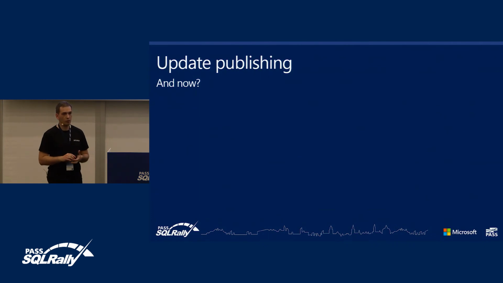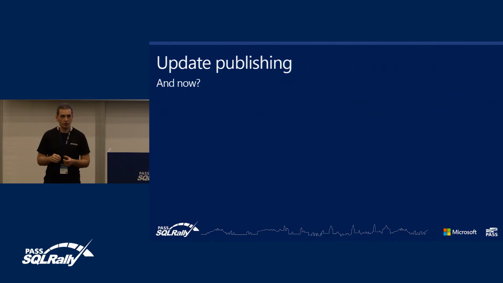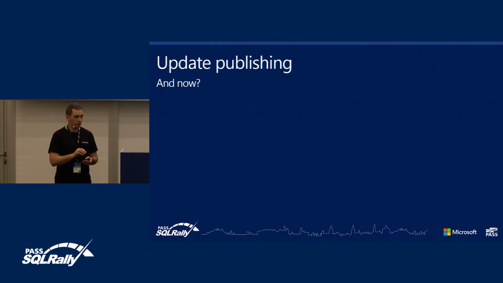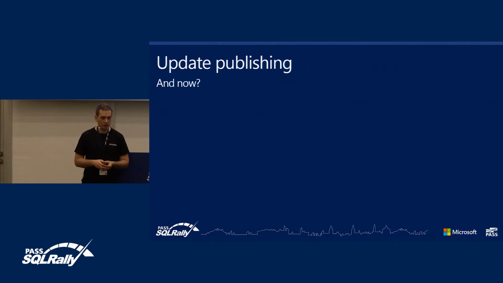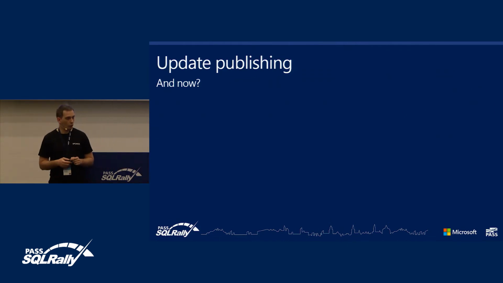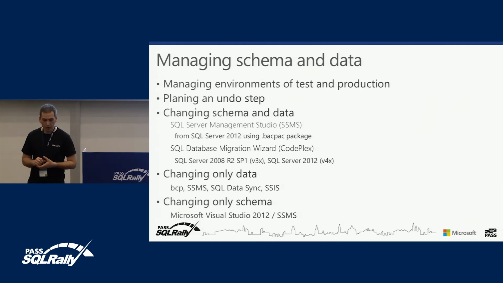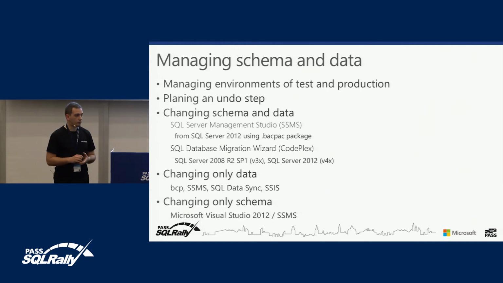Okay, now we have something there, and we need to make changes on our database, for example, because the solution evolves or for bug fixing. My advice is to have two environments, one for test and one for production.